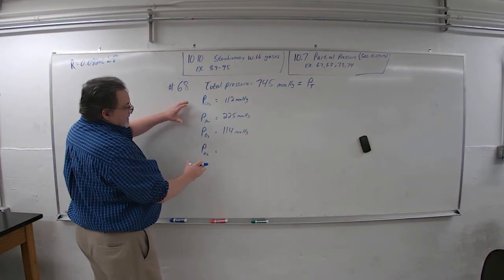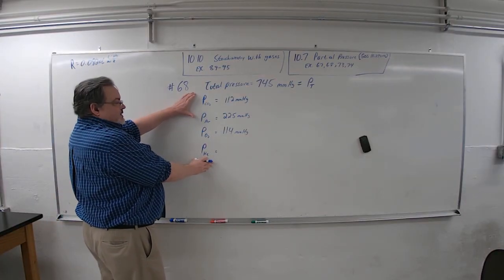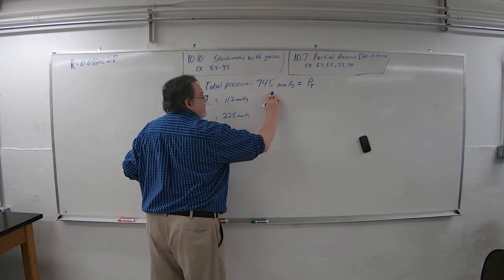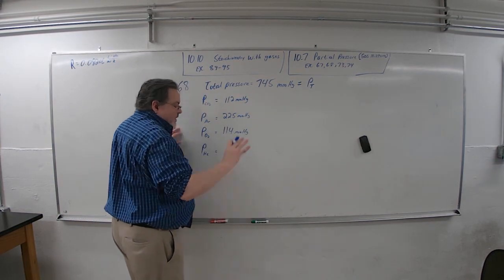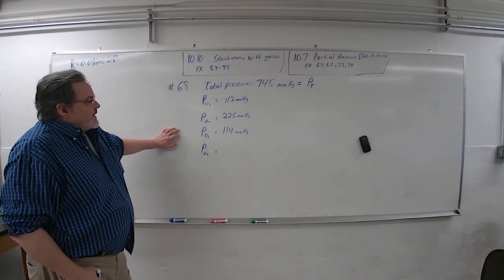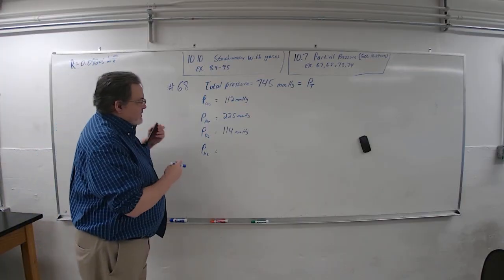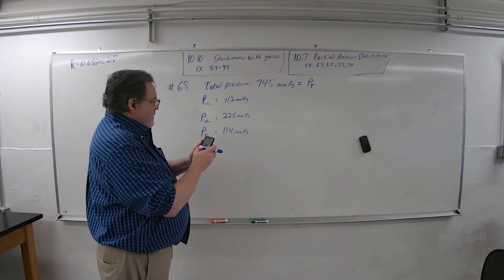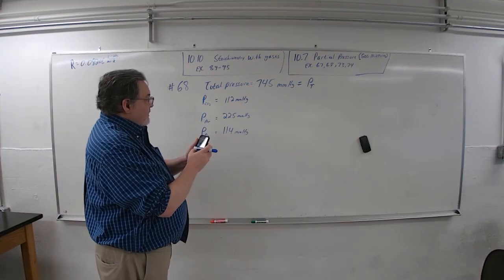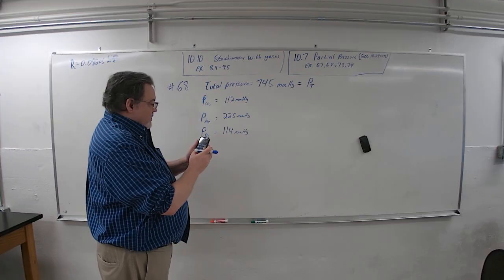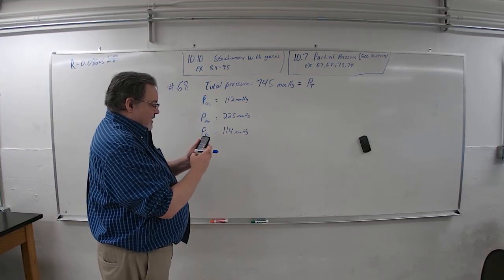You have a chamber that's got all four of these gases in it, and the total pressure inside that chamber is 745 millimeters of mercury, whatever the pressure unit is. That means 745 minus 112 minus 225 minus 114.